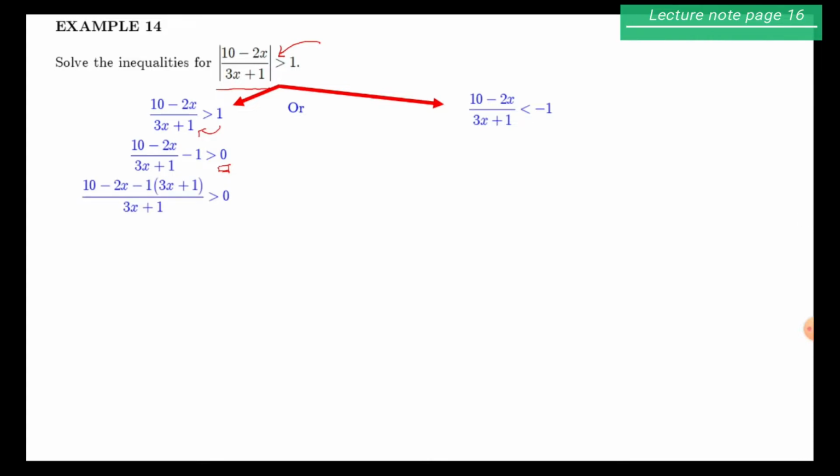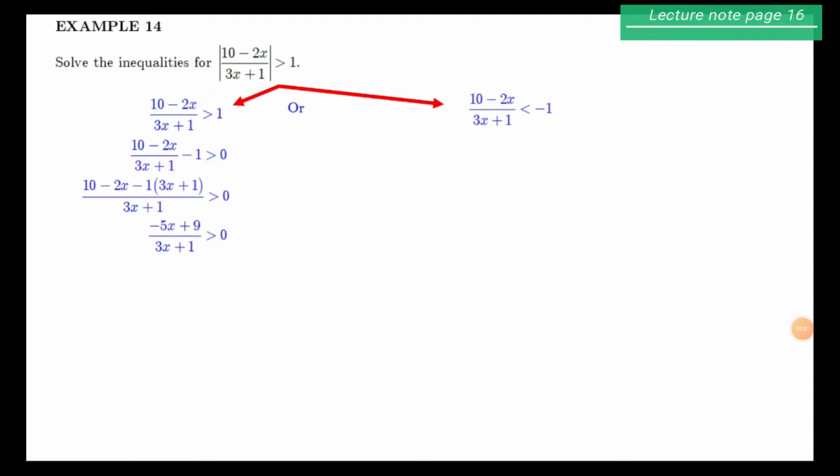So we have here (10 minus 2x) minus 1 times (3x plus 1), over (3x plus 1), after we equate the denominator so that we have a single fraction on our left side. After we simplify it, we have (negative 5x plus 9) over (3x plus 1) is greater than 0.